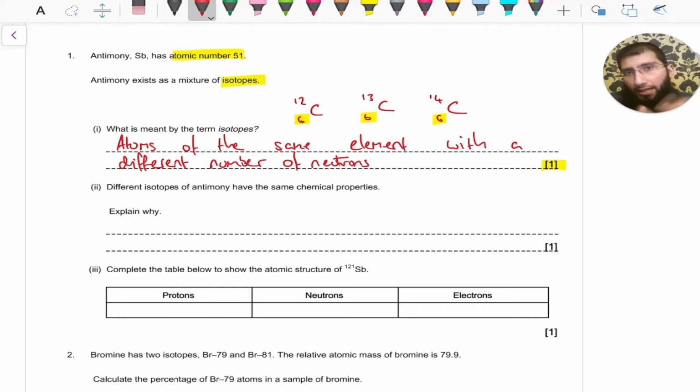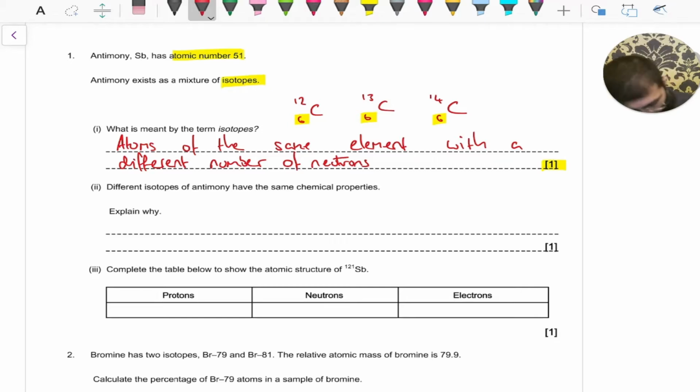But in certain exam questions, if you look through past paper questions for isotopes, you'll often be asked to add something else to this. So we've established that it's got a different number of neutrons. So what else is different? What is meant by the term isotopes? Well, the only thing that's different is they've got different mass, because their mass numbers are different.